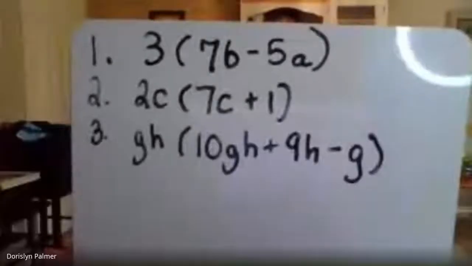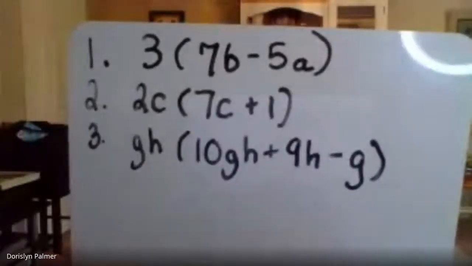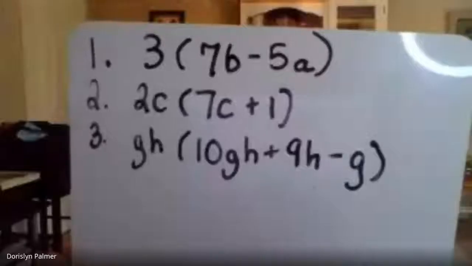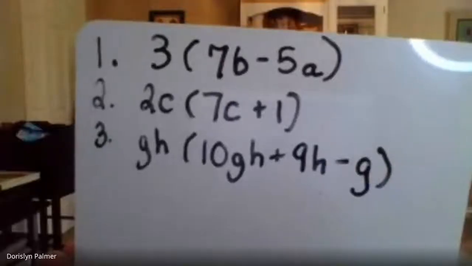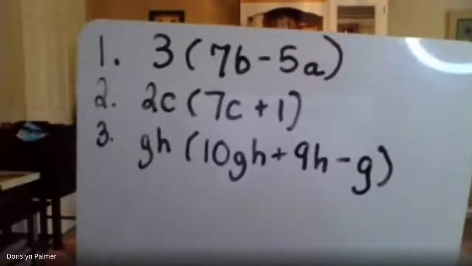Number 3, GH, and then in parentheses, 10GH plus 9H minus G. All right, number 4, Lauren. I got 2jk times the quantity of 6k plus 3k.